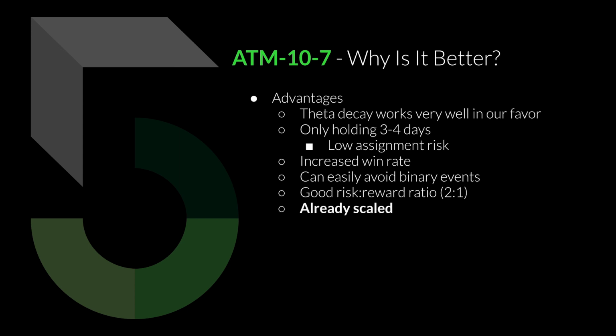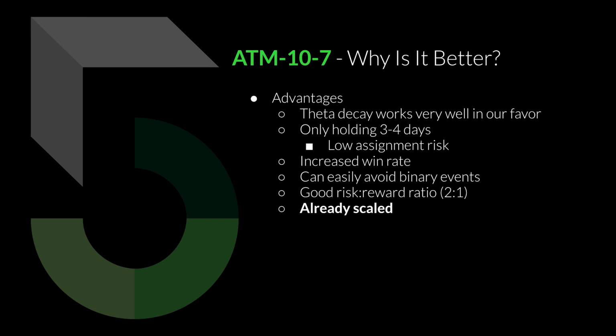And this is one advantage that I was very happy about with the iron fly, and something that I was concerned with the iron condors is the idea of scaling. So remember, with the iron condors, you're making just a small amount of money. So if you want to make more, you have to scale and sell more iron condors. But when you do that, you're going to have much higher risk. And so when you have these 10 wide iron butterflies or iron flies, it's already scaled.